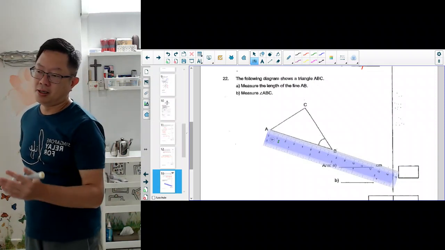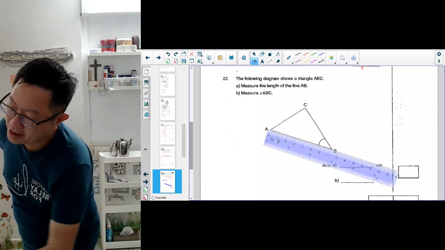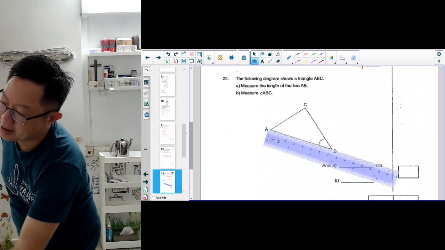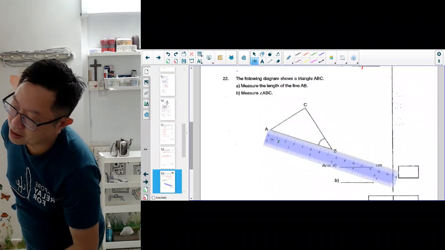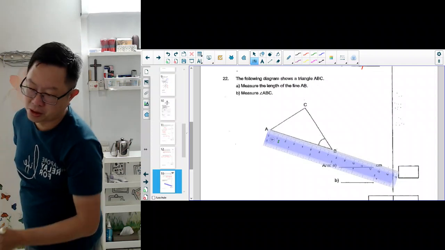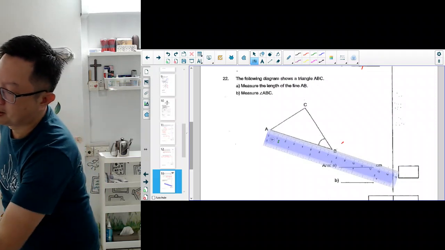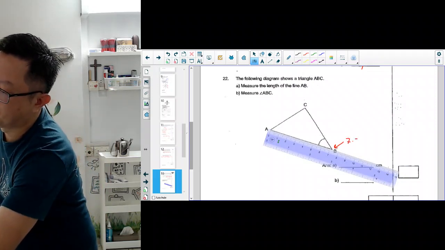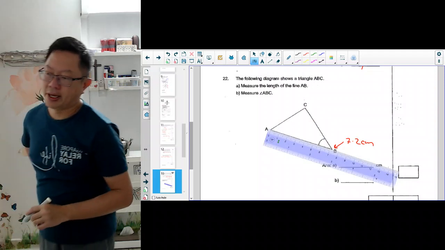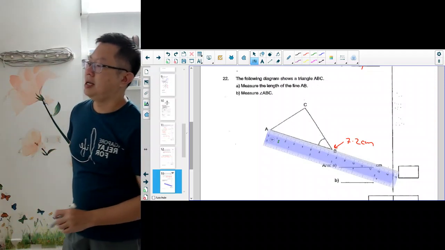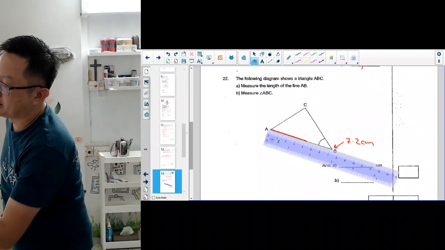If you look carefully, it's touching 7.2 centimeters. So over here, you're looking at 7.2 centimeters. So your length AB, AB is how long?